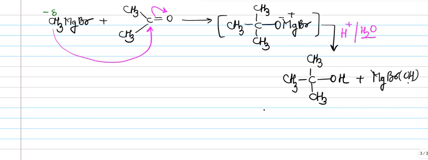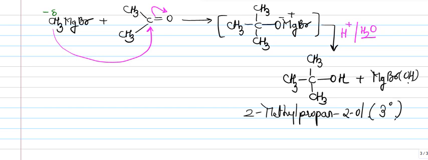This is 2-methylpropan-2-ol, and this is a tertiary alcohol. So ketones produce tertiary alcohols.